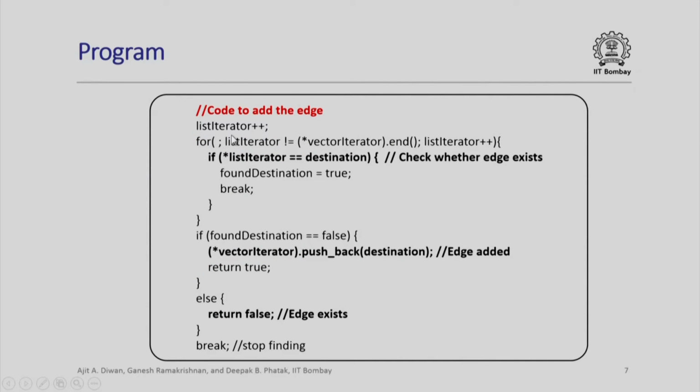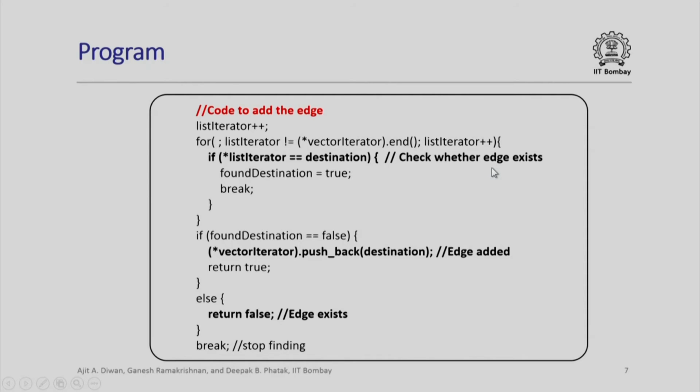First, we increment the list iterator pointing to the second element in the list which represents the first edge. We set up a for loop till the end of this particular list, incrementing the list iterator by 1 every time. All that we check is whether we find a destination. If we find a destination, that means the edge exists.